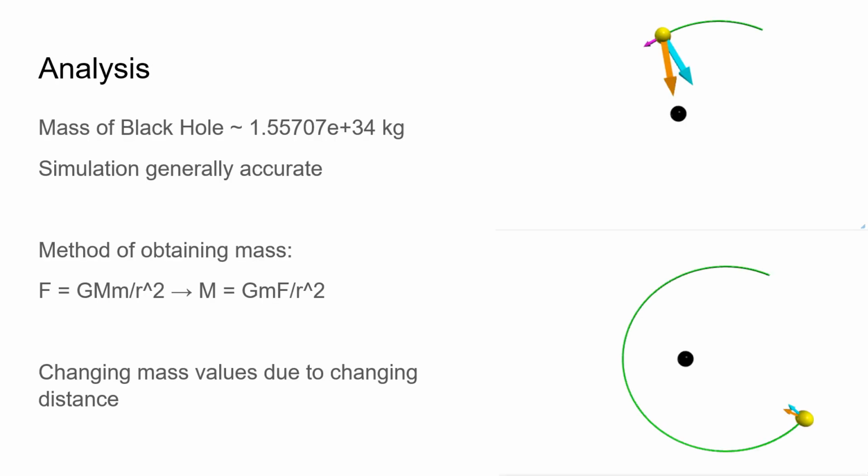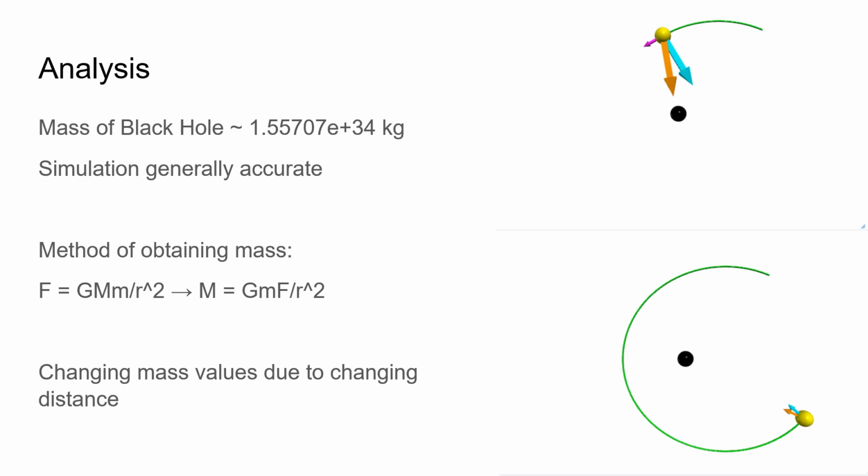We have the calculated mass of the black hole, and on the right we have the diagrams showing the forces. The orange force is the net force, the blue arrow is the perpendicular, and the purple arrow is the parallel. As you can see, if you were to add the two vectors together, you would achieve the orange vector, pointing the net force directly at the black hole, and the blue vector being perpendicular to the direction of motion.